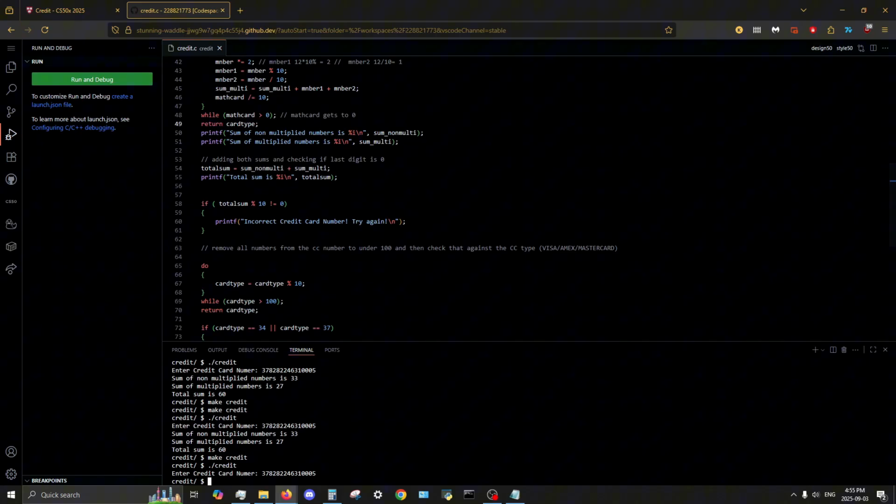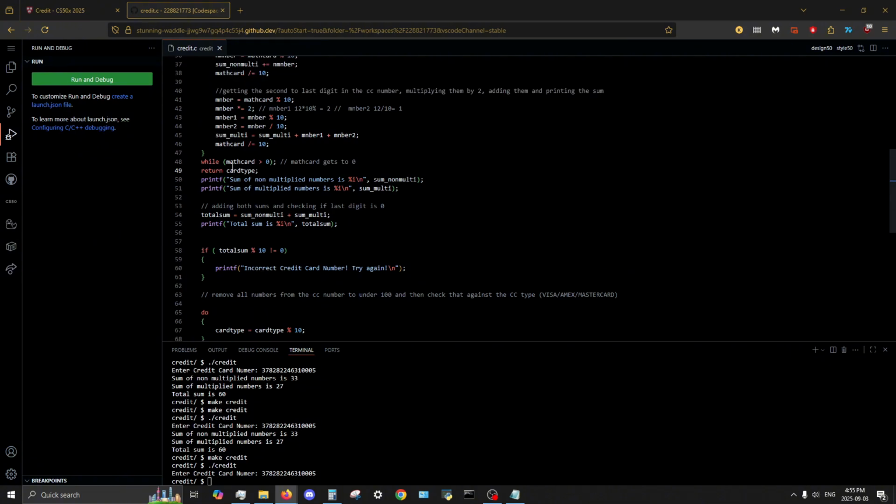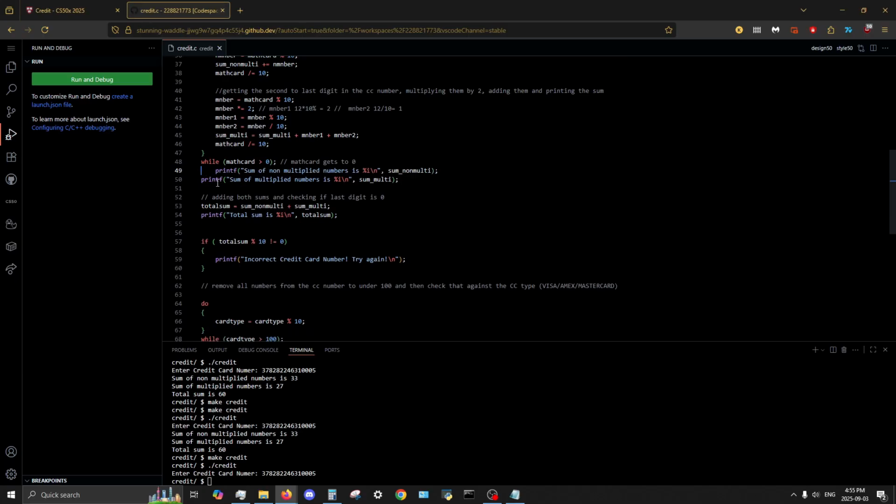Yeah, okay, so print value. So it is going to be printf.